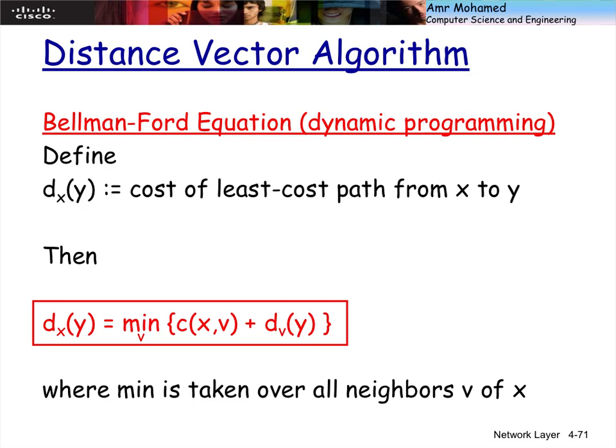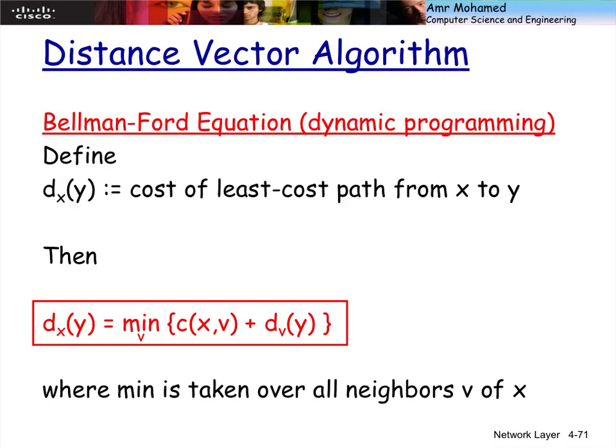So basically, if you need to reach any indirectly connected node Y from X, it's the cost from X to any neighboring node, which you know, plus the vector distance between this node and the final destination. Of course, you have different possibilities. So you select the minimum one.